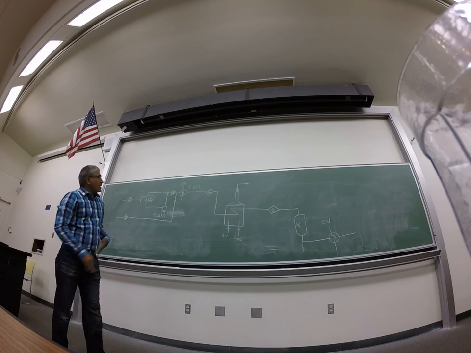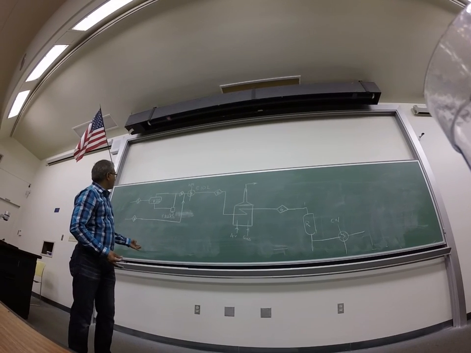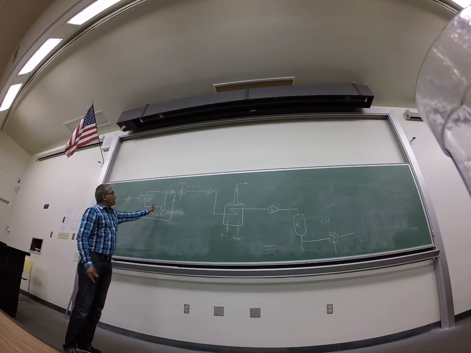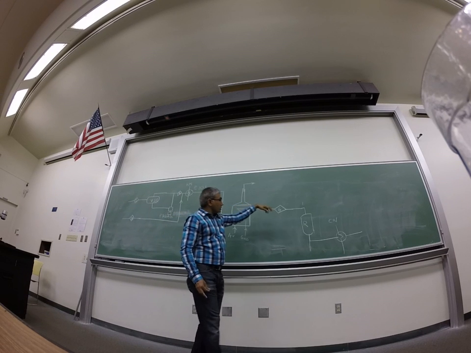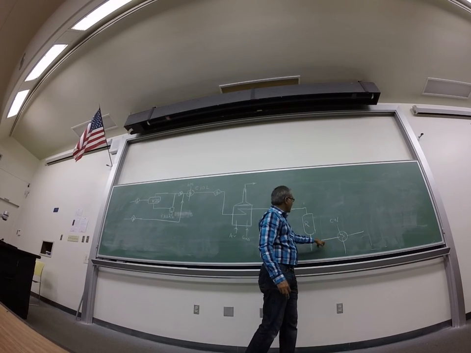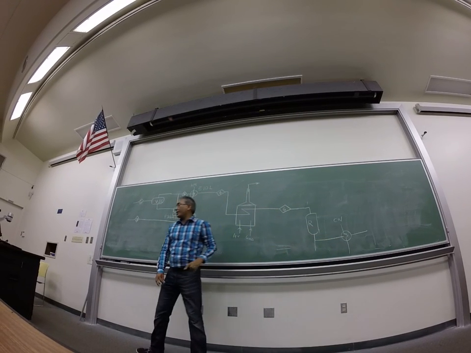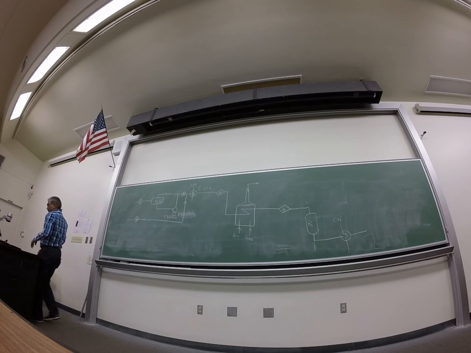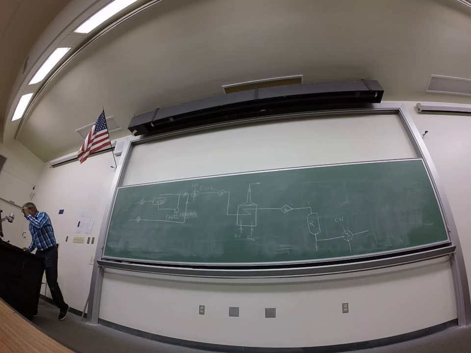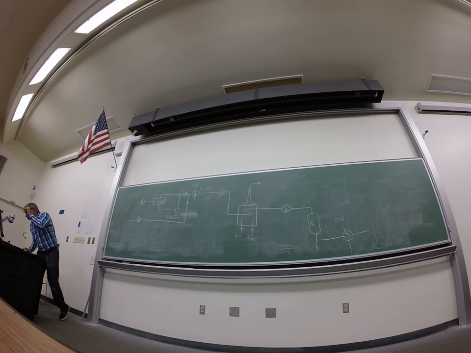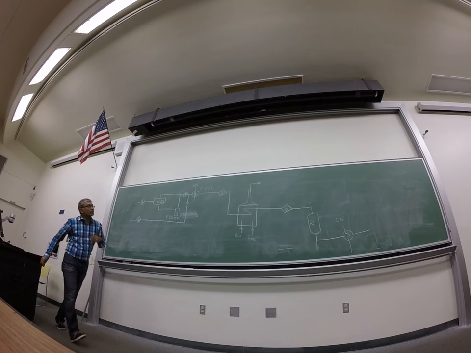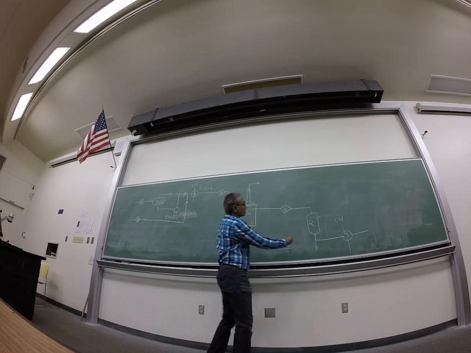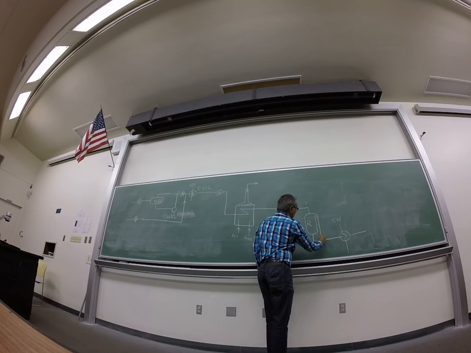Now, if you think about it, at various places, you probably need to put more pumps because right now you have only one pump. The question is, is this pump enough to really take it all the way through? You probably need a pump here or a compressor here. And also, this recycle stream, a part of it, of course, is going to be an unreacted component.